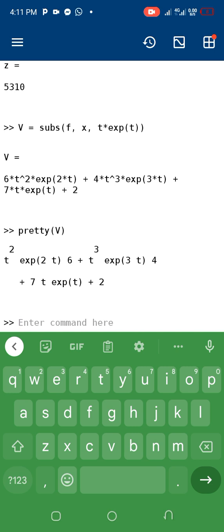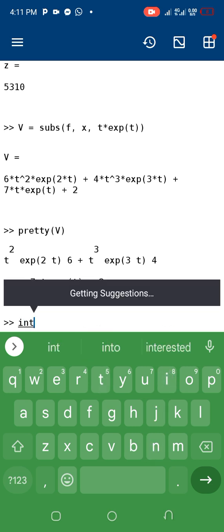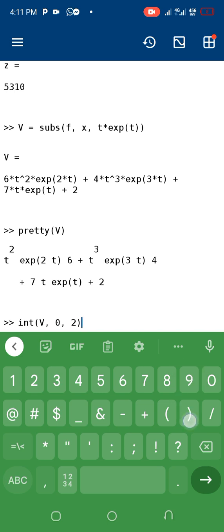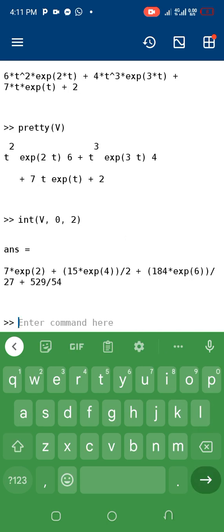So what if now we want to integrate this function, which is v? So we say integrate v from maybe 0 to 2. Okay, what happens is that with this, what usually happens is it integrates, it looks at the integral of v.